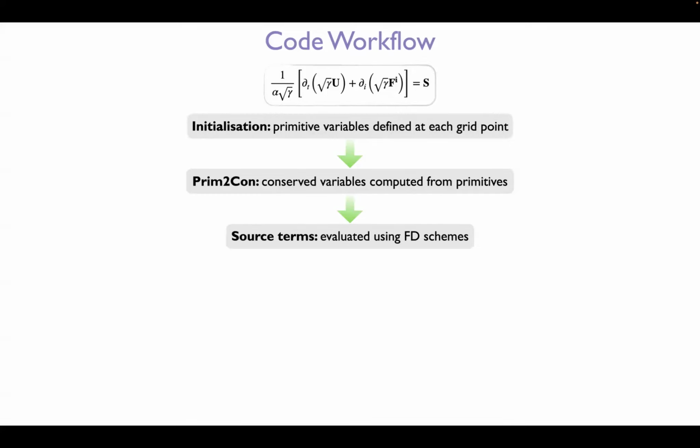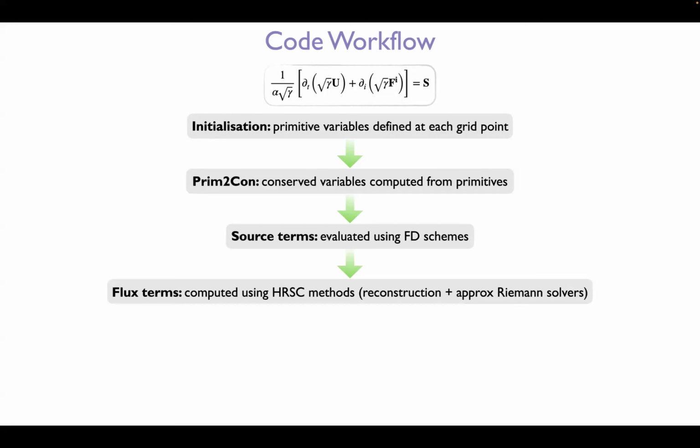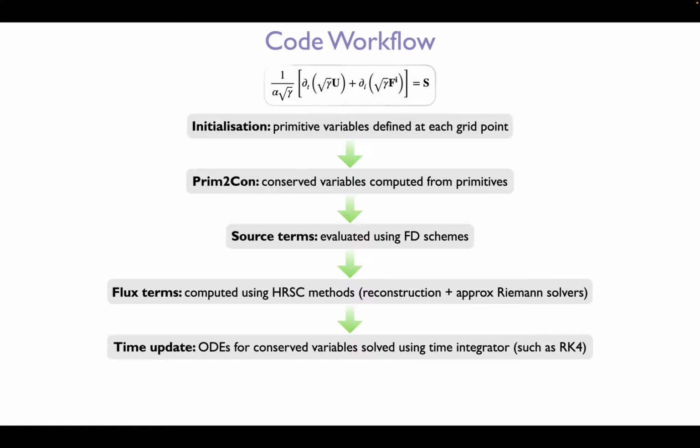Then once you have your conserved variables, you can also compute your source terms using some finite differencing schemes. Then you use these high resolution shock capturing techniques to compute the fluxes at your cell interfaces, employing reconstruction plus Riemann solvers.